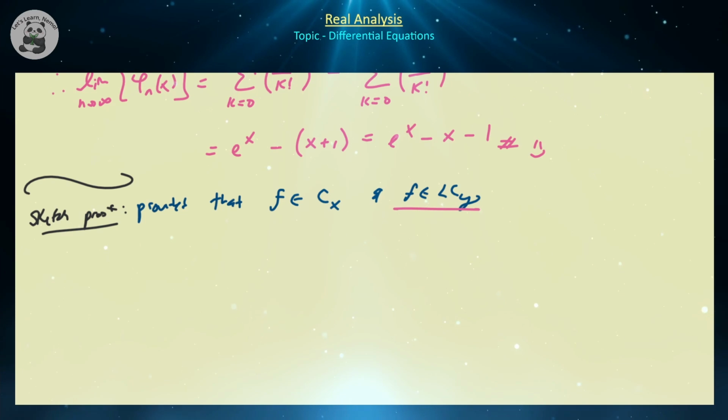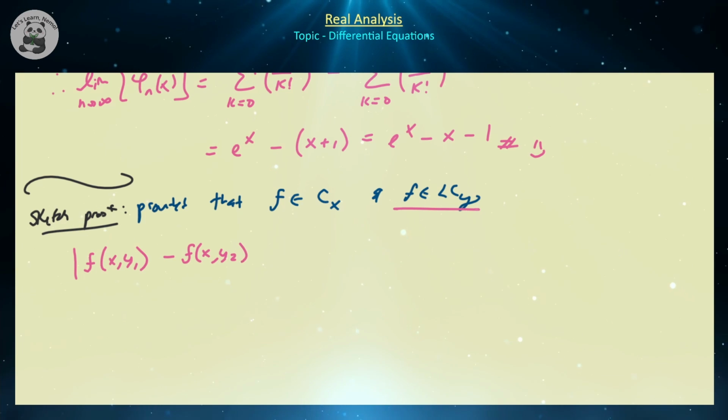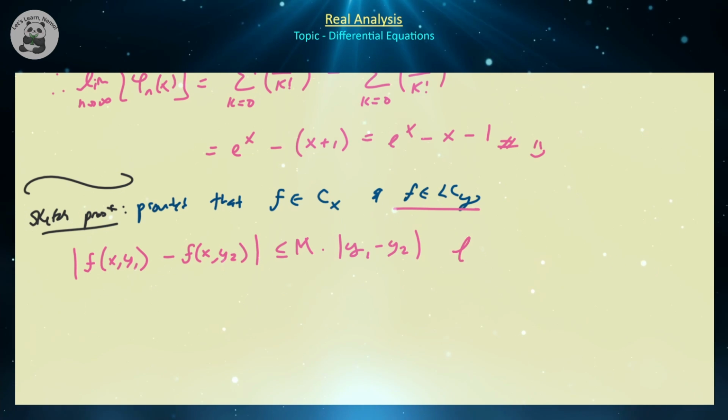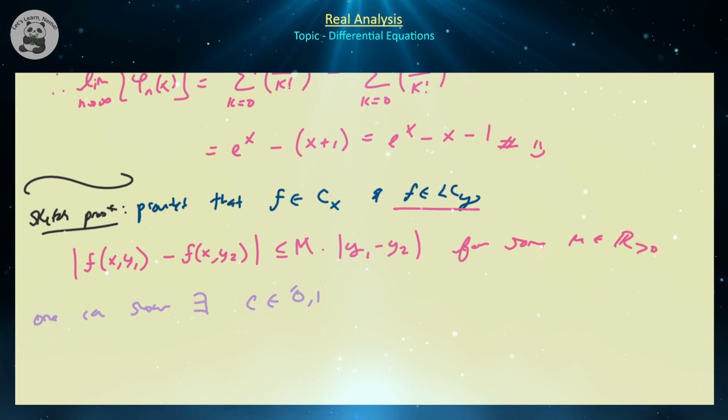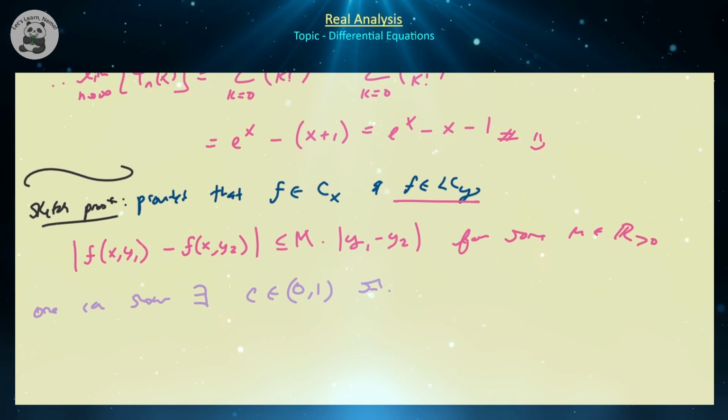If it's Lipschitz continuous in y, that means the absolute value of f(x, y1) minus f(x, y2) must be less than or equal to m times the absolute value of y1 minus y2, and that has to be true for some m in the set of real numbers strictly bigger than 0. So one should be able to show, and this I'll leave for you, that there exists a c in between 0 and 1, such that the following thing is true, right?